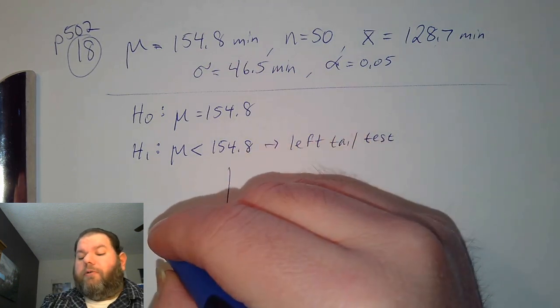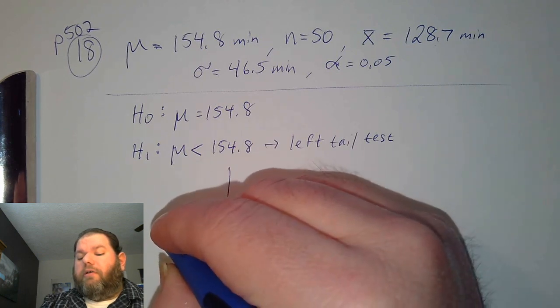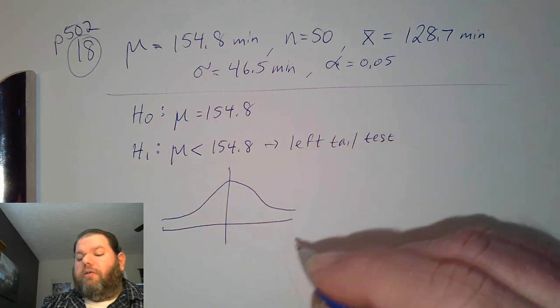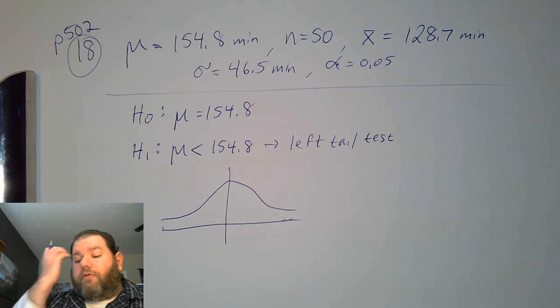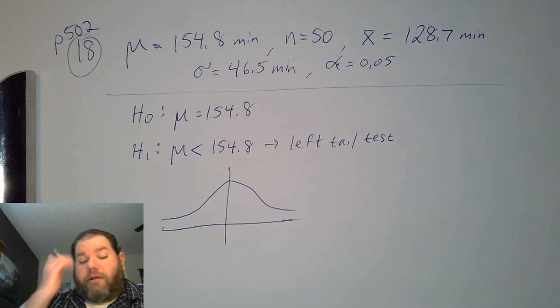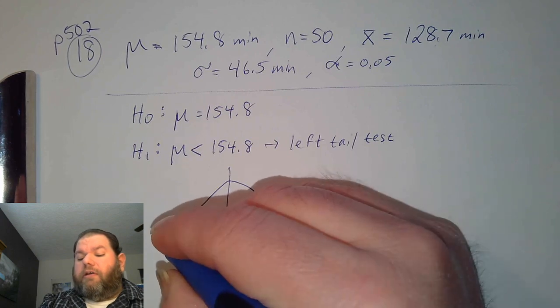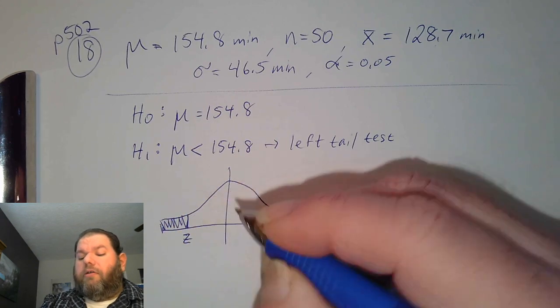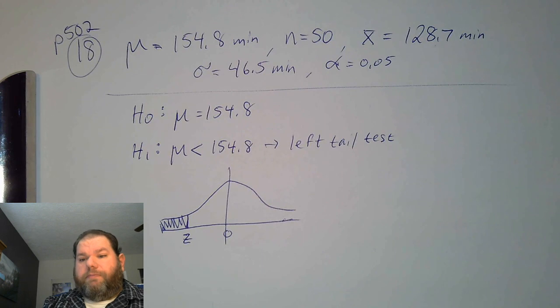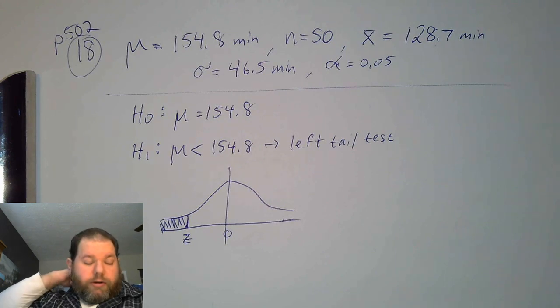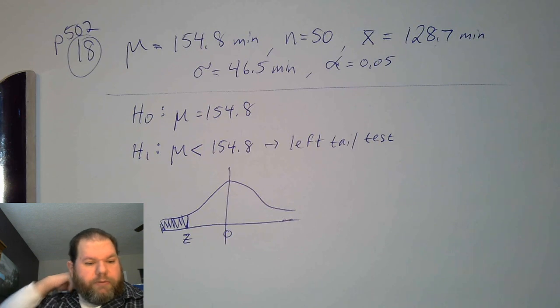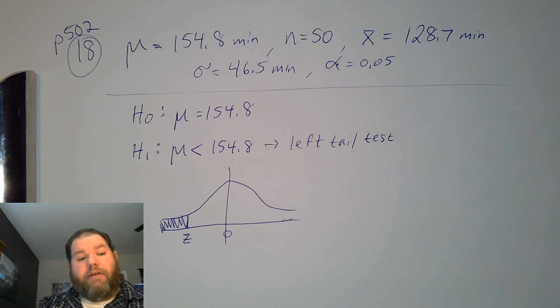So we look at our normal graph. We're going to need a critical point Z. We know zero's in the middle. We need a critical point Z for alpha equals 0.05 in the left tail.